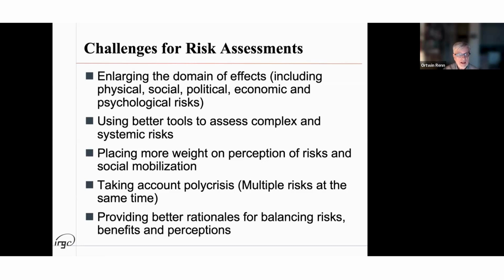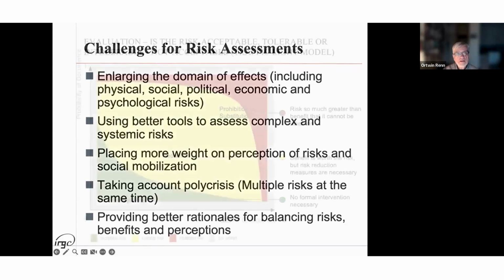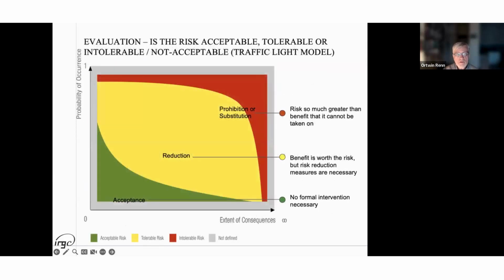It's like the domino game. And we need to provide better rationales for balancing risk, benefits, and perceptions. All of that is an element of what we need in terms of risk assessment, but also for risk management. And that now leads us, we're getting closer to the Greeks, but first to the evaluation.